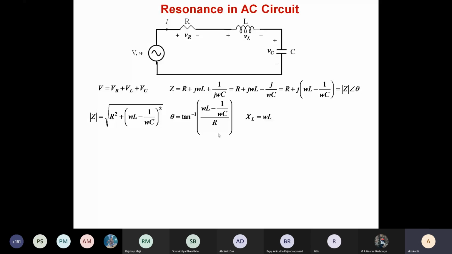Now, this XL, that is omega L, the reactance offered by the inductor, is denoted by XL.